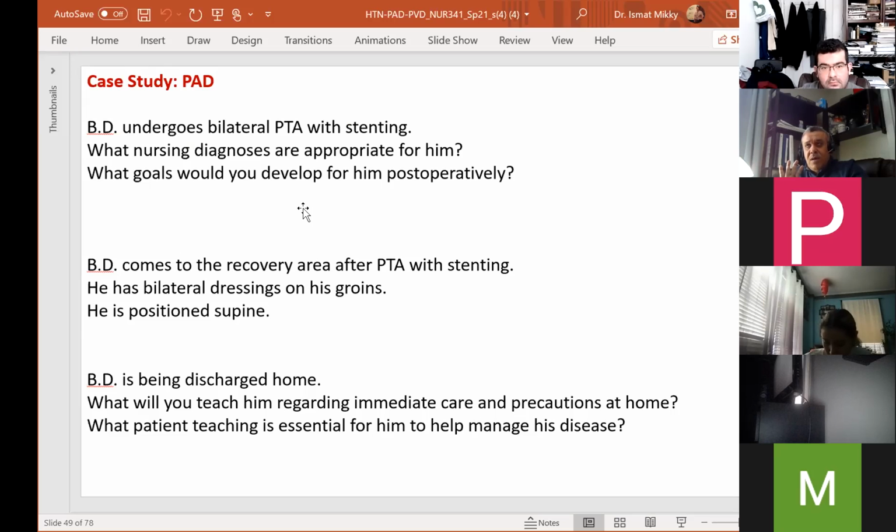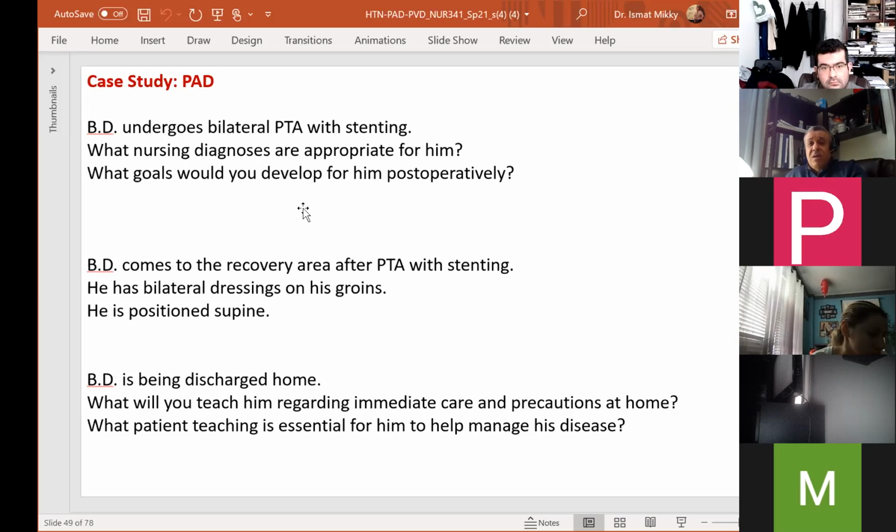Disregard the surgery, because we don't know if the surgery is effective or not. Before, during, post-op, whatever comes to your mind.